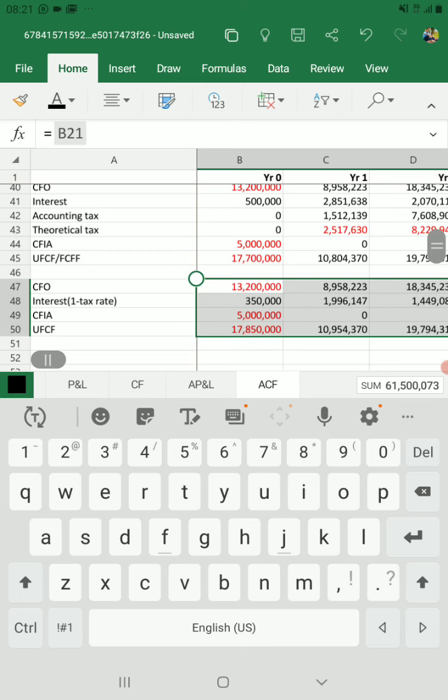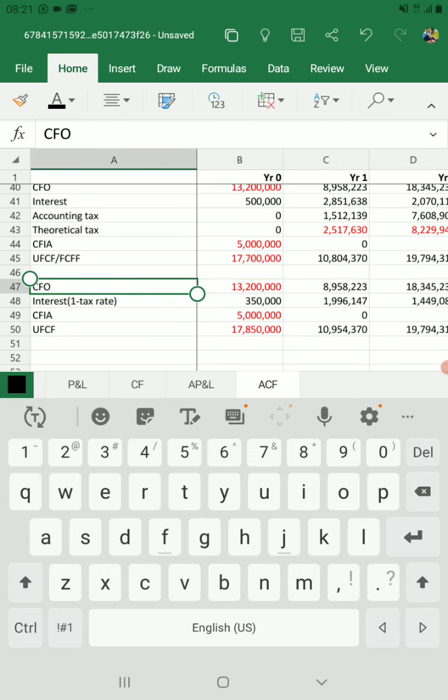So we have our unlevered free cash flow computed using the cash flow from operation as a base, and then we adjusted for the interest component. We added it back using after tax figure, and then we remove cash flow from investing activities to arrive at this.